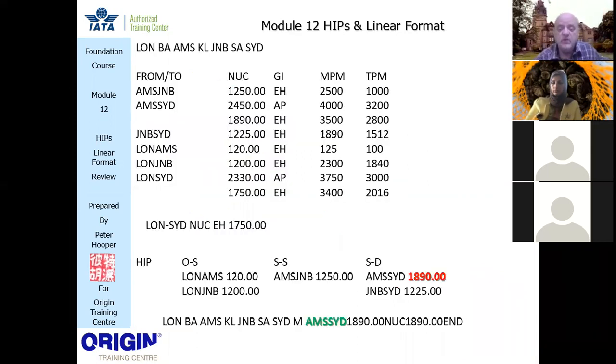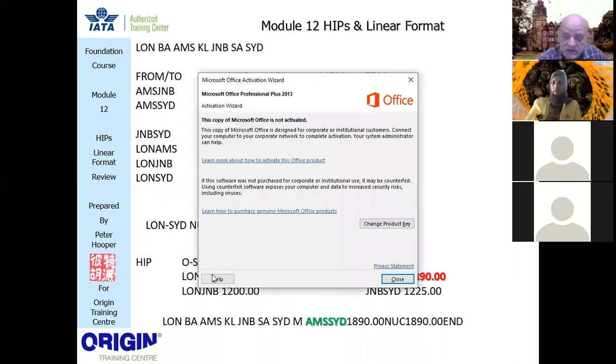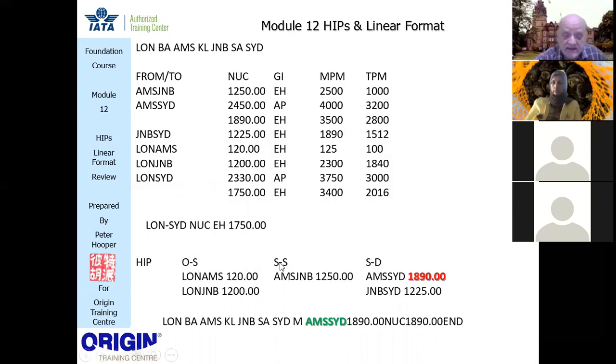There is one special thing about this, and if you look down to the bottom, can you see OS, SS, SD? OS means this is how we check. We'll check from the origin city to all stopover cities. Then we'll check from stopover cities to stopover cities.